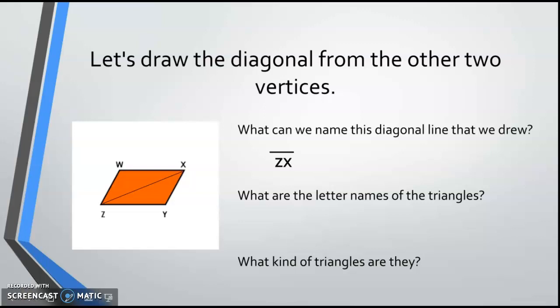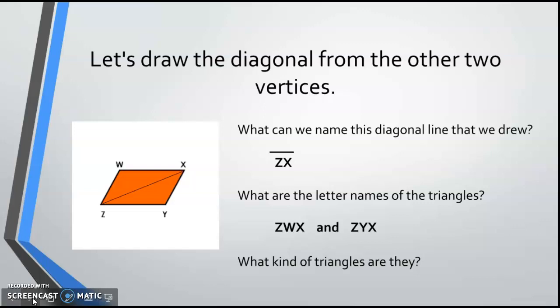They've changed too. I now see ZWX as a triangle, and I see ZYX as a triangle, and those can be in any order, so I named them triangle ZWX and triangle ZYX. Now, what kind of triangles are these ones?